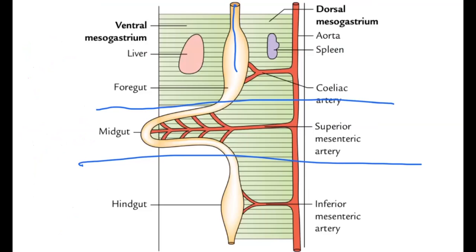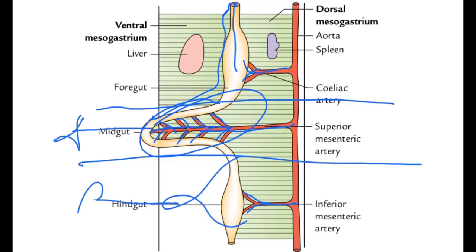This one is supplied by celiac artery, this one by superior mesenteric artery, and this one by inferior mesenteric artery. So the foregut develops as esophagus, stomach and duodenum. This part, midgut, develops as intestines, and hindgut develops as colon, rectum and anal canal.